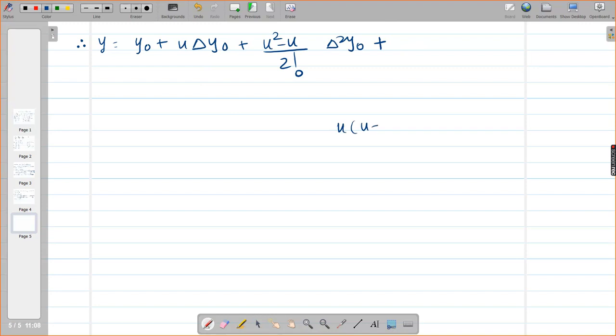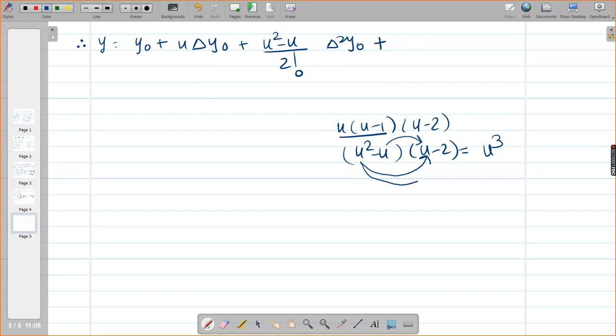Look, u into u minus 1 into u minus 2. u into u minus 1 you have already calculated here. It is u square minus u into u minus 2. So that is equal to u cube. First this u cube will come, then this will be u square and this will also be u square. So minus u square minus 2u square, that is minus 3u square and plus 2u.